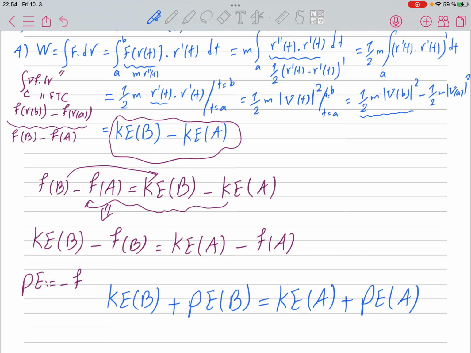So therefore, if F is conservative, the energy is conserved, right?